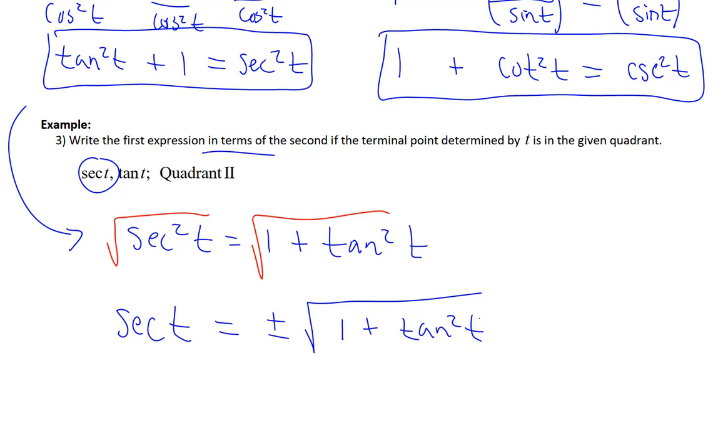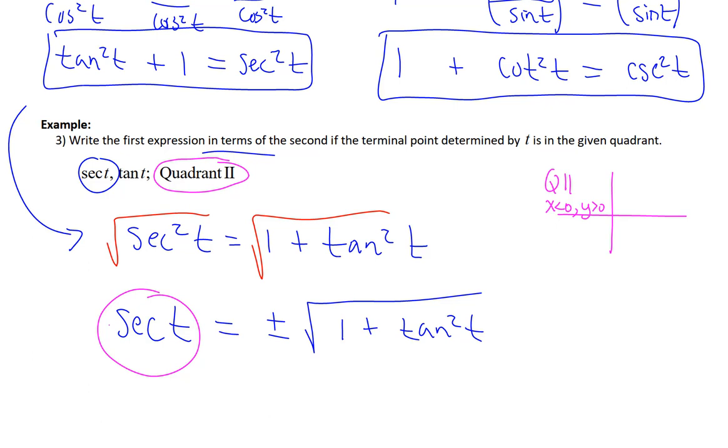And more specifically now, we're in quadrant 2. So let's recall what this might mean. In quadrant 2, if you take a look back at our axes, quadrant 2 is the upper left zone. And in that place, we know that the x values are negative and the y values are positive. So what does that mean? Well, secant is really 1 over cosine, if you look above at our definitions, or in other words, 1 over x, as we've defined it.